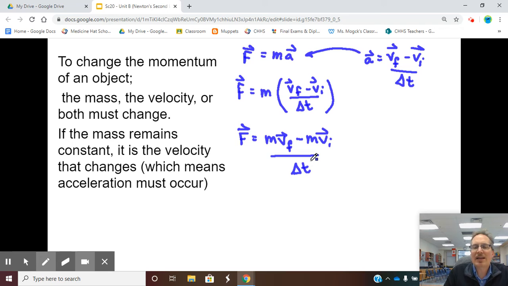Now, I want to remind us the definition of when you multiply mass times speed, that's momentum. So remember, P equals mv. So I can take this idea and say, since P equals mv, I can substitute this in as the final momentum minus, P equals mv again, this is going to be my initial momentum. And then I can divide it by time.